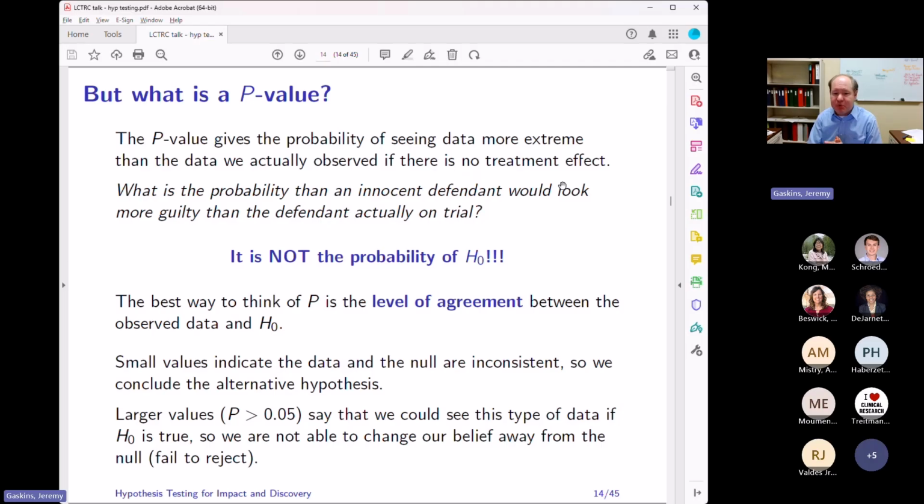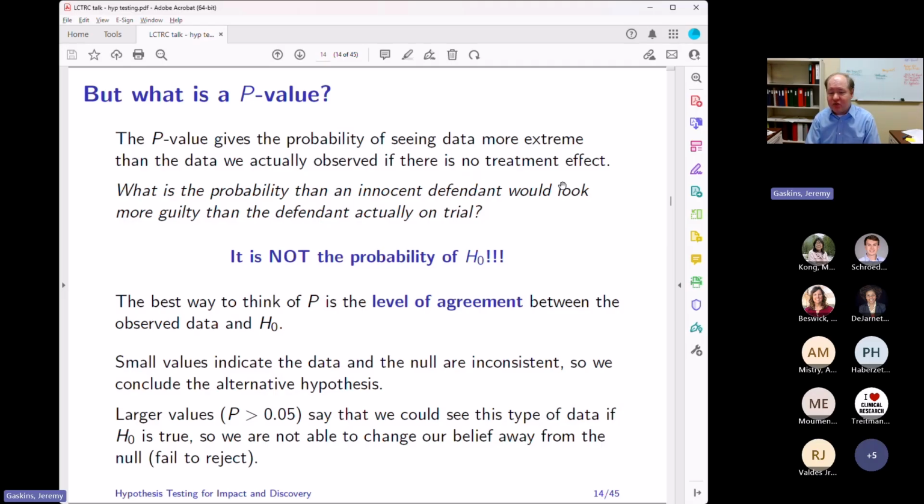And maybe the most important thing to say about what a p-value is not, is that it is not the probability of the null hypothesis. We do not describe probabilities of our hypotheses. Either the treatment is effective or not. We just don't know.